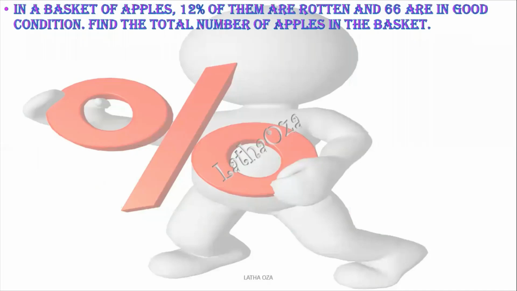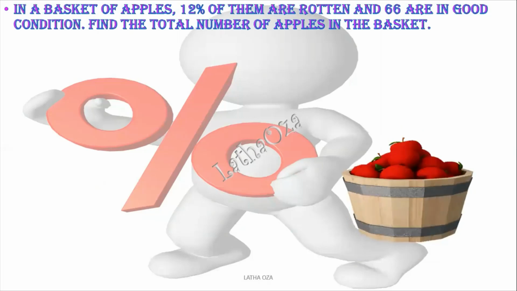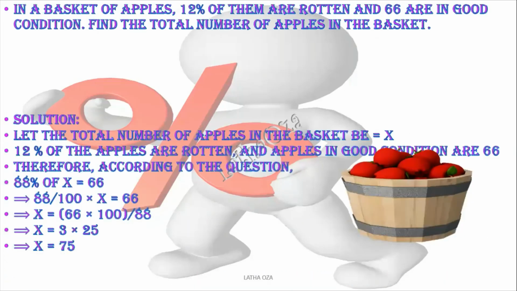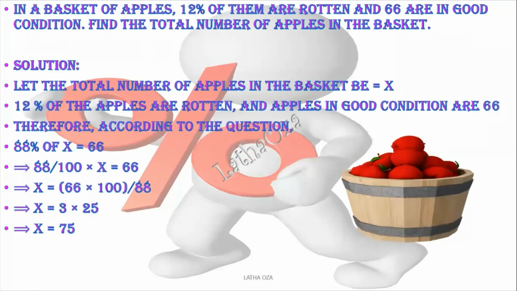Another example, in a basket of apples, 12% of them are rotten and 66 are in good condition. Find the total number of apples in the basket. So, let the total number of apples in the basket be X. 12% of apples are rotten and apples in good condition are 66.